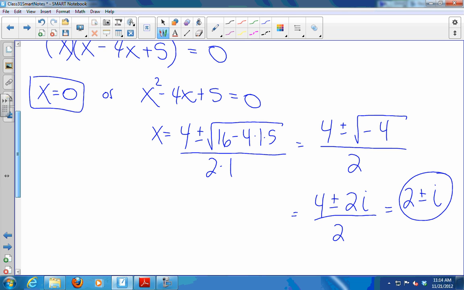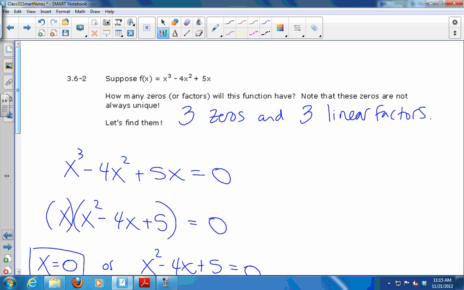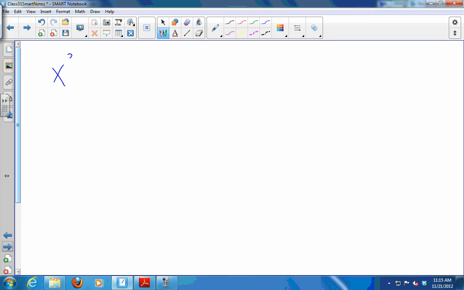So I found 3 zeros. 1, 2, 3. So that's all there are. There's 3 zeros. And now that I know the zeros, I can write down the factorization. I can completely factor it. So my polynomial is x cubed minus 4x squared plus 5x.